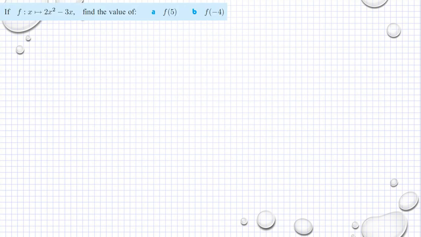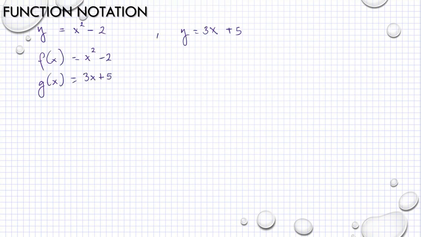Okay, but others use this notation. As you can see here, the function f such that f(x) is equal to 2x squared minus 3x. They are using this function notation, which is similar to f of x.